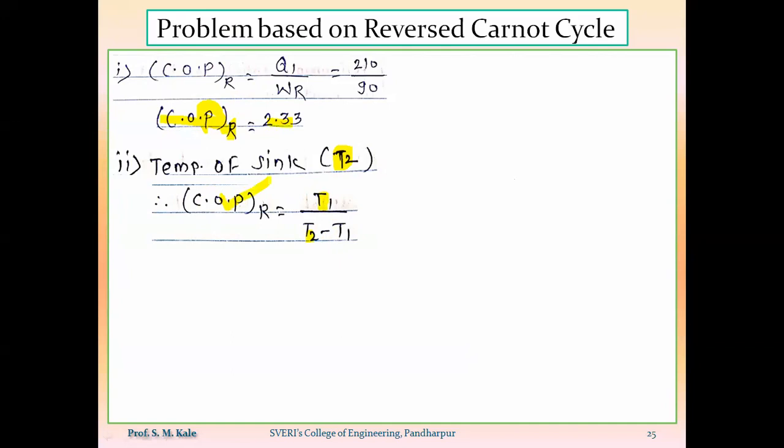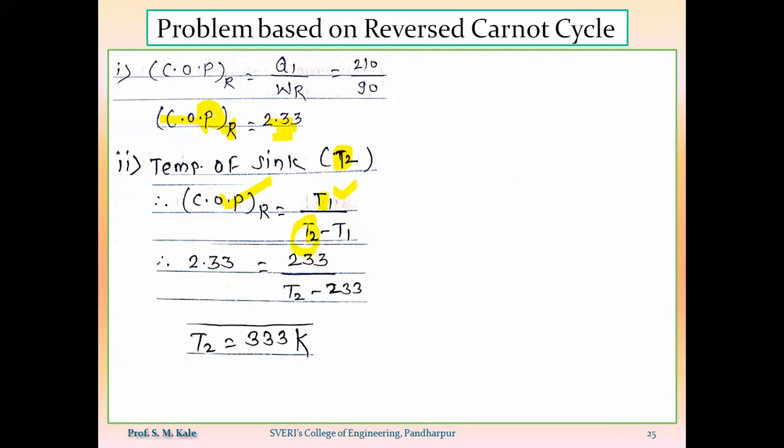Here I know the value of COP, which is 2.33, and I know the value of T1. So put the value of T1 and the value of COP, and I will automatically get the value of T2. I will get the value of T2 as 333 point something, or 333 Kelvin only. So this is the value of T2, or the answer.